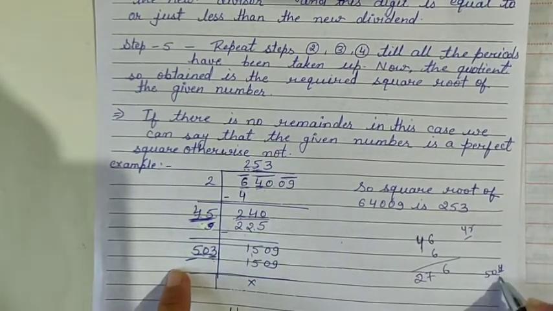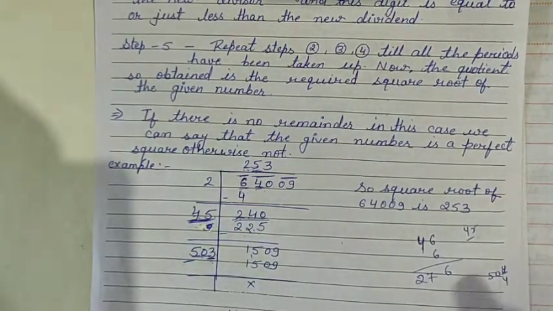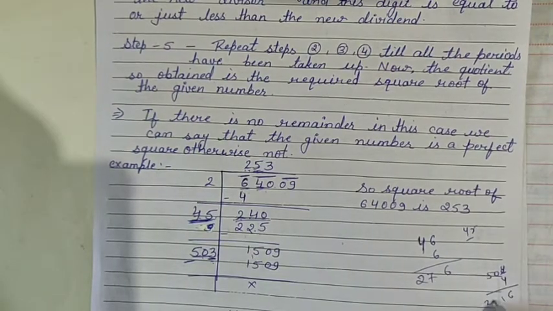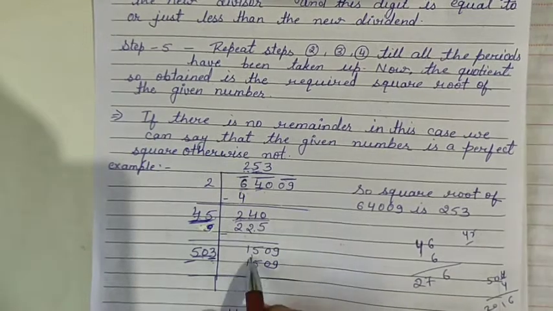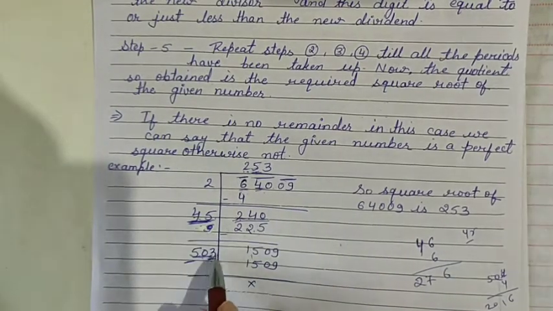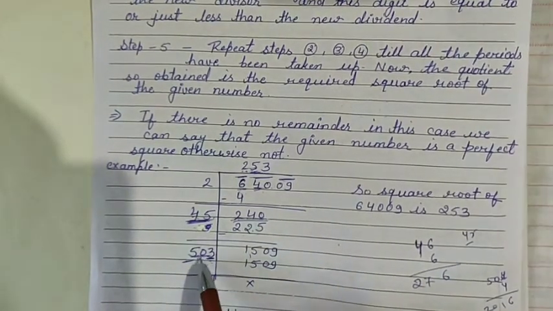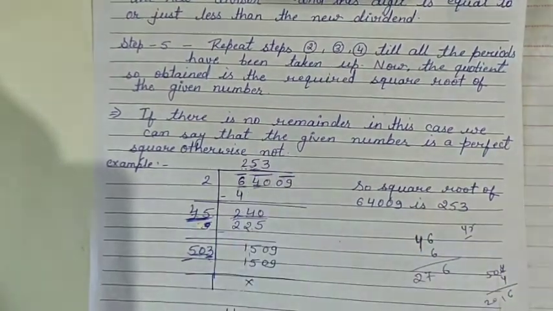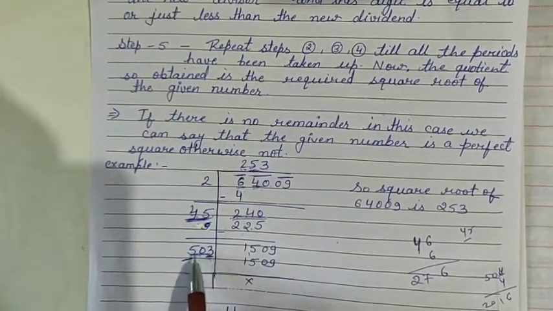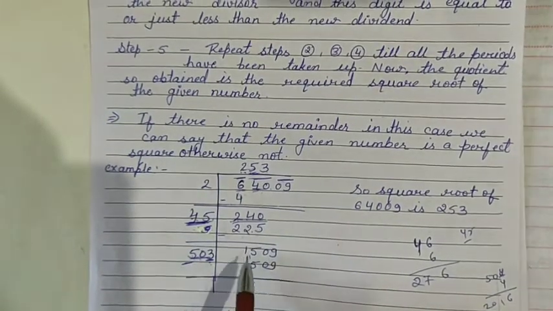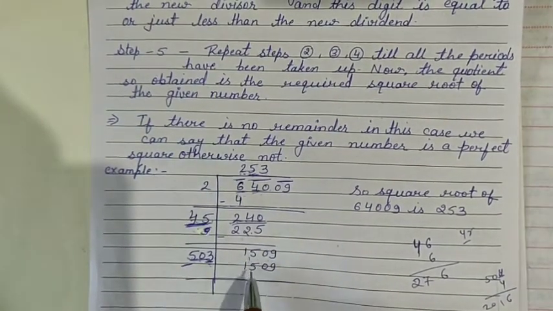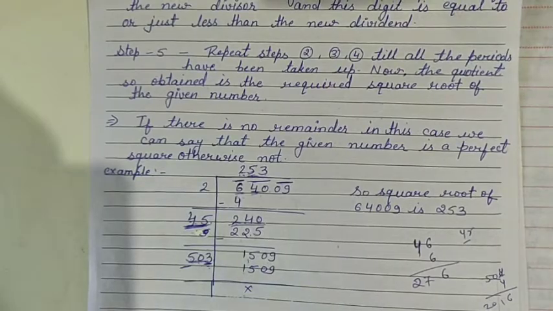If I think 4, then we multiply 504 by 4, and that is equal to 2016, which is greater than 1509. So I am taking 3 as the quotient digit, and when we multiply 503 by 3, we get 1509. When we subtract this from this, we get 0.